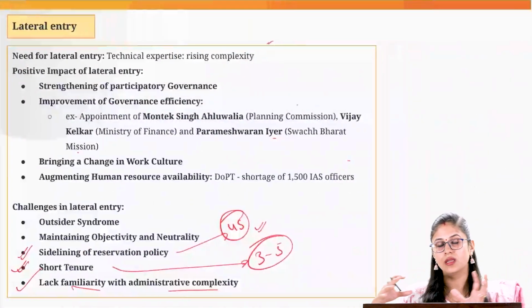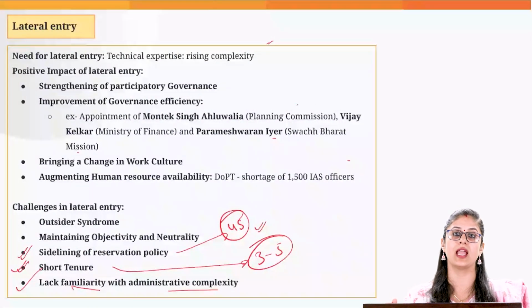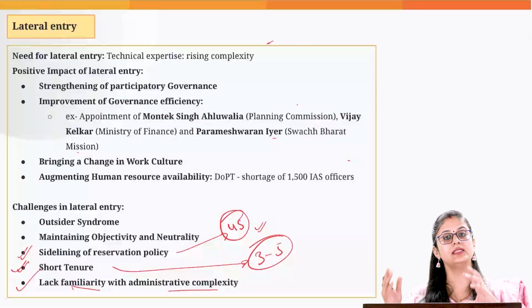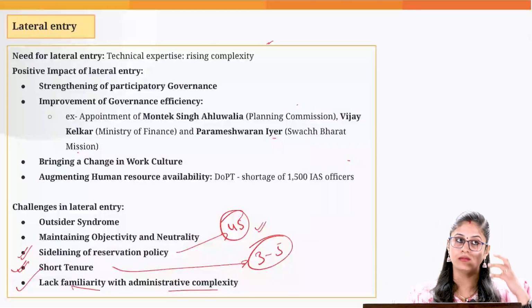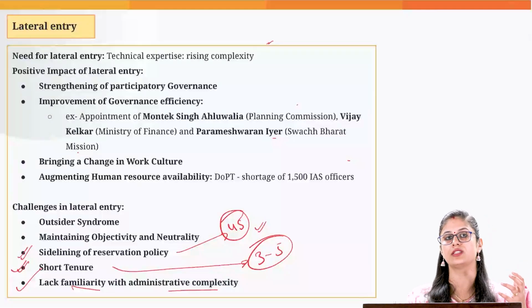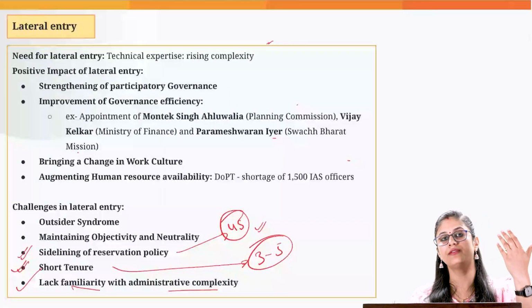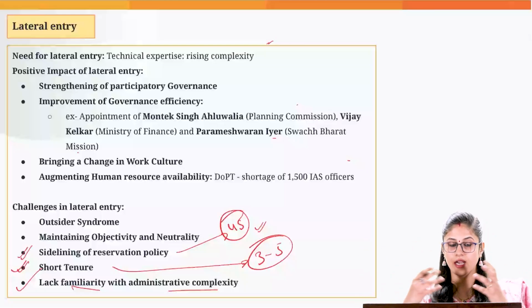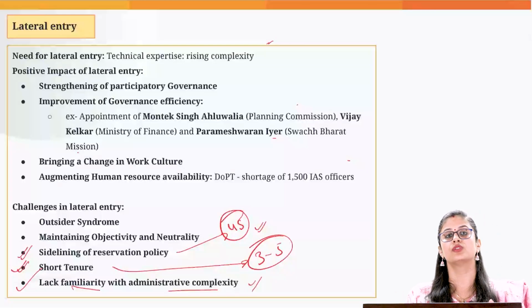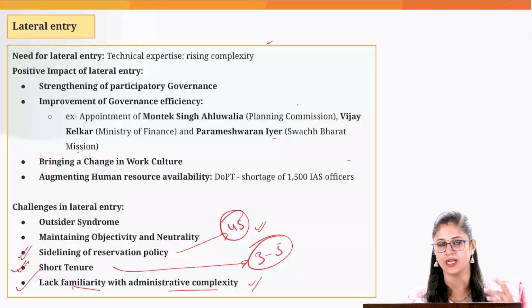They know how the administrative machinery functions, and they know the loopholes, so they are able to contribute effectively to policy making. Because of this institutional knowledge, they are able to give better feedback on policy formulation and effective redressal of issues. But lateral entrants are not well versed with this complexity, so how would they be able to bring change on the ground? That is another concern.